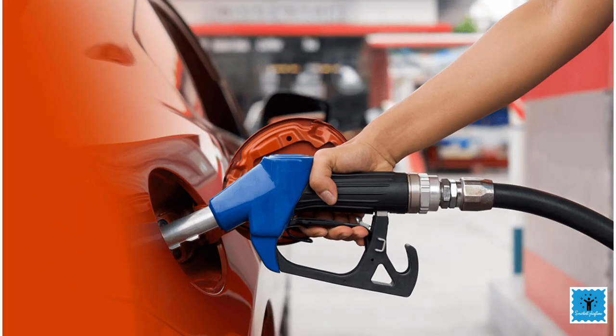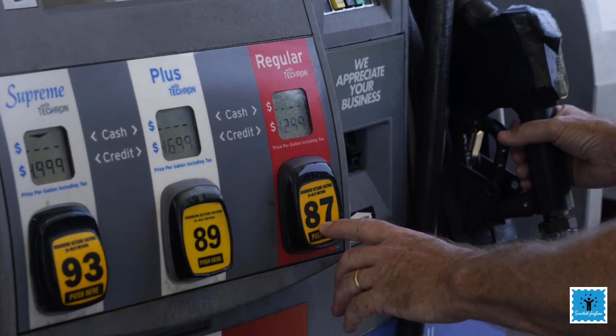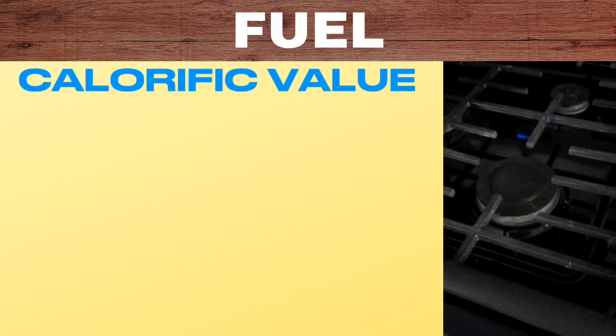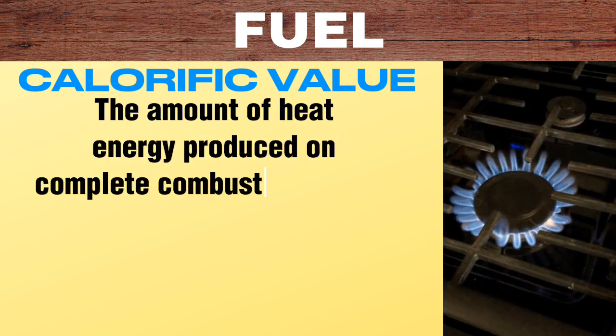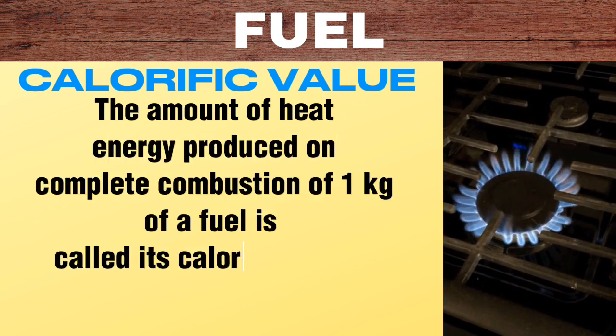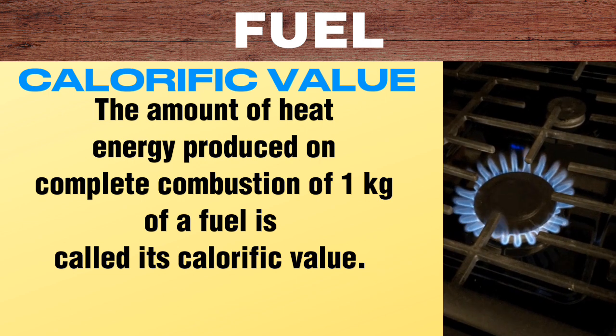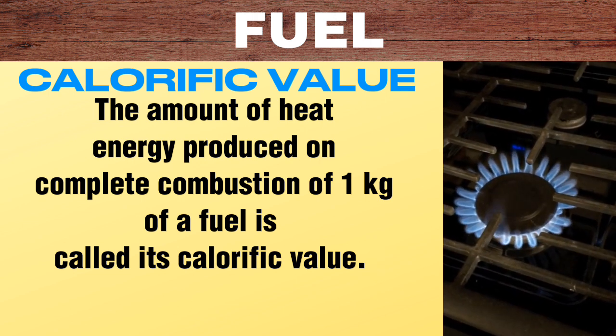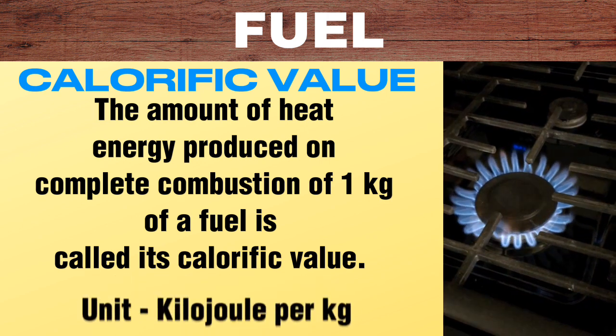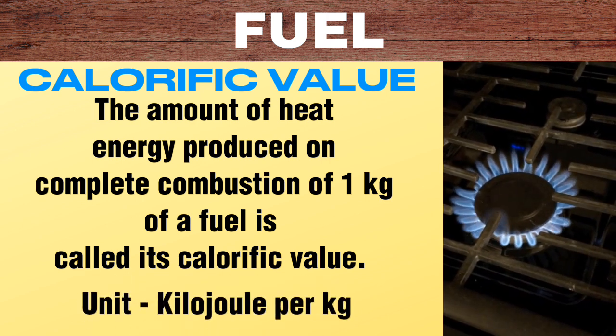The efficiency of the fuel can be measured by the amount of heat produced by it, which is called its calorific value. The amount of heat energy produced on complete combustion of 1 kg of a fuel is called its calorific value. The calorific value of a fuel is expressed in a unit called kilojoule per kg.